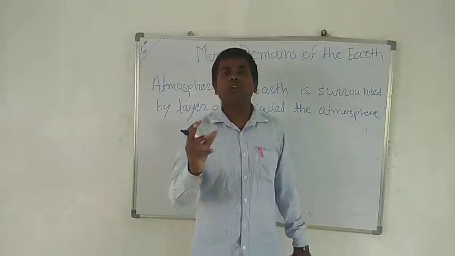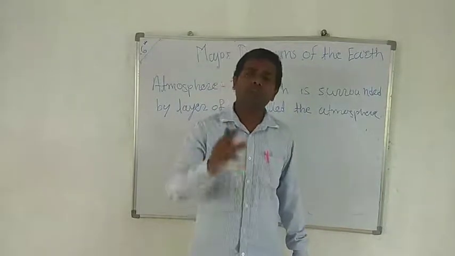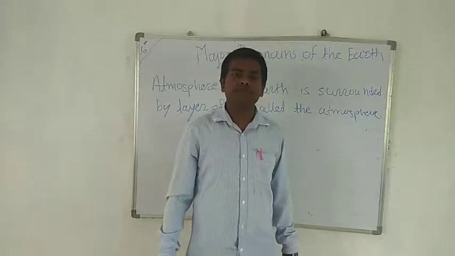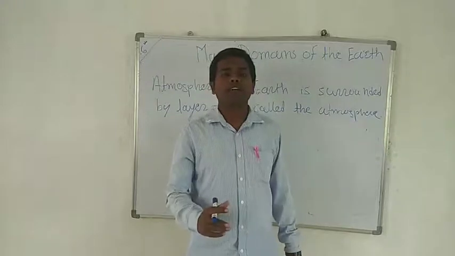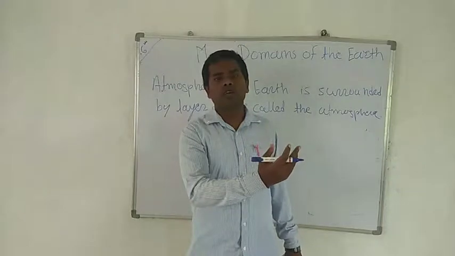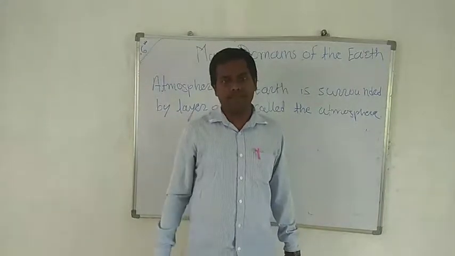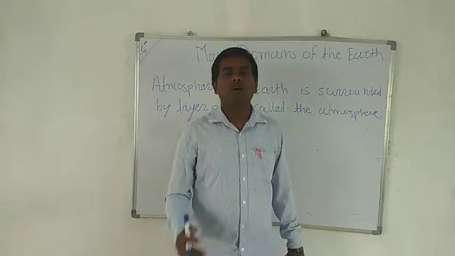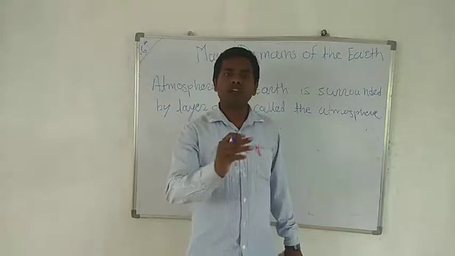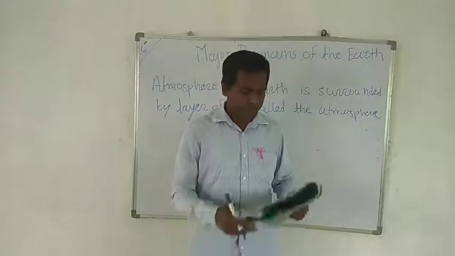Like that, our earth also has a protection, and we call that protection the ozone layer. That ozone layer is formed from oxygen, and it protects us from harmful sun rays. It happens by the various kinds of gases in the atmosphere.